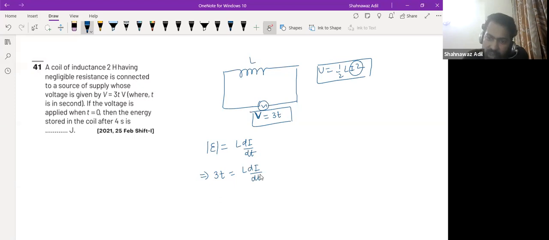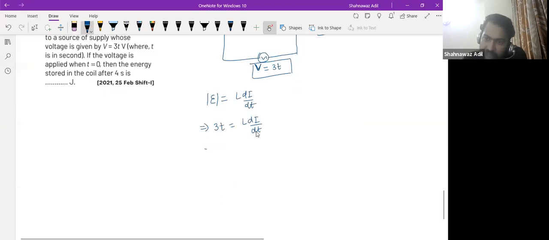If we take this to the other side, this is 3t dt, and then we write di. If we take L to the other side, this is 3t by L dt.